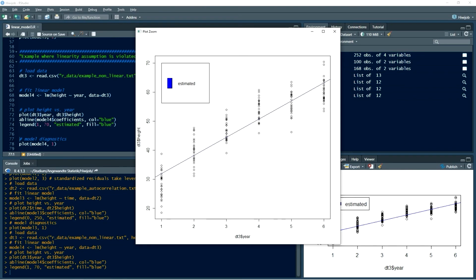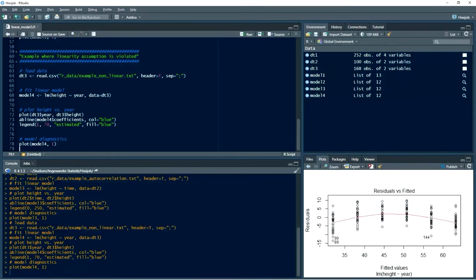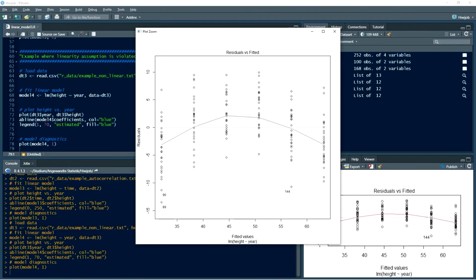This is reflected in the fact that the residuals tend to be systematically above or below the estimated function at different time points. For example, in year 4, almost all observations are above the estimated function. As always, the same pattern is also visible in the residual plot.